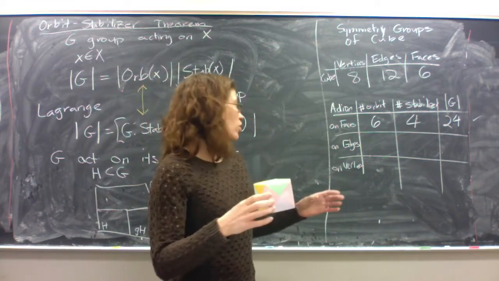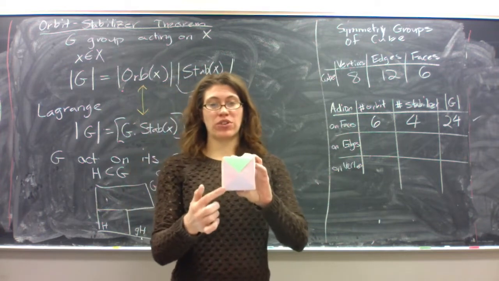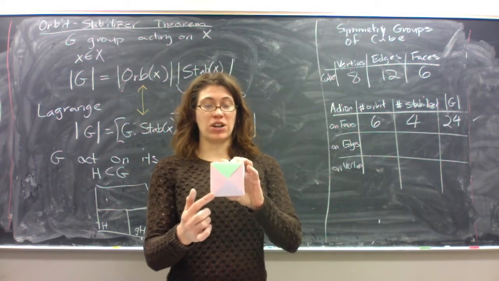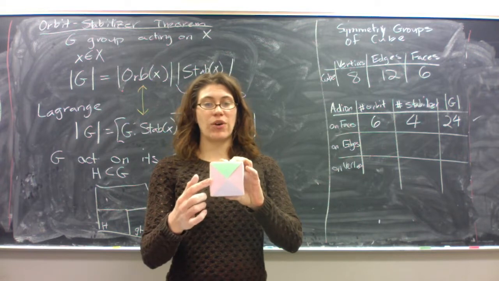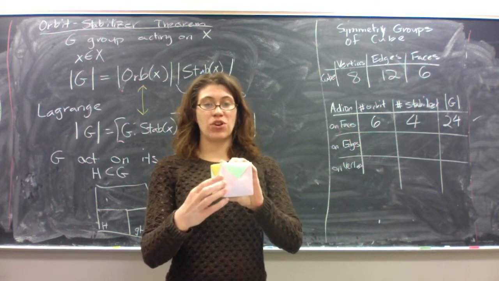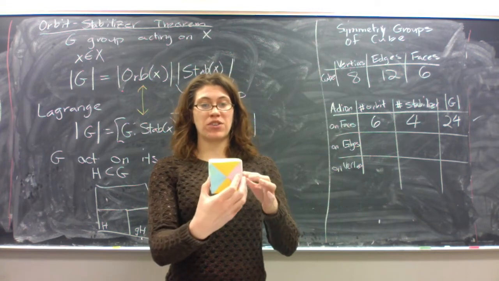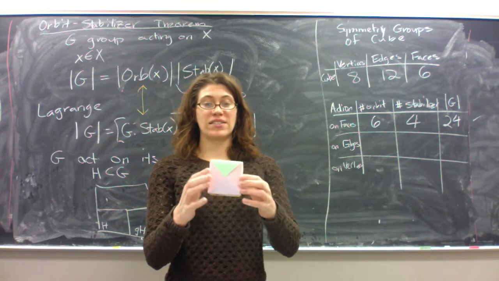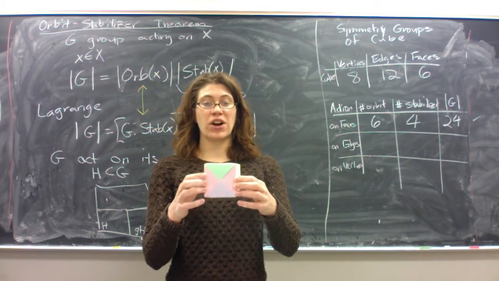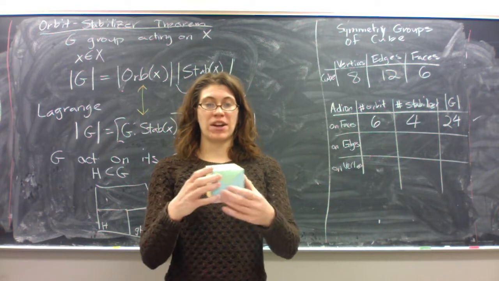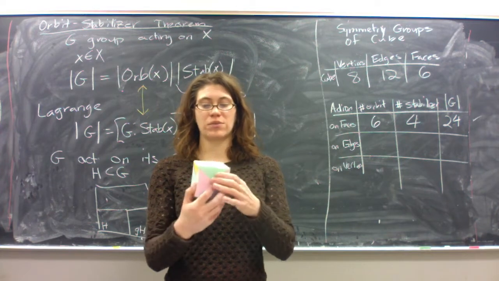So let's look at the orbit of any edge, and I'm going to look at the orbit of this edge here. Okay, so I can take this edge to the other edge in the front by just rotating like that. I can take this edge to either of the edges in the back by rotating by 90 or 180 degrees.